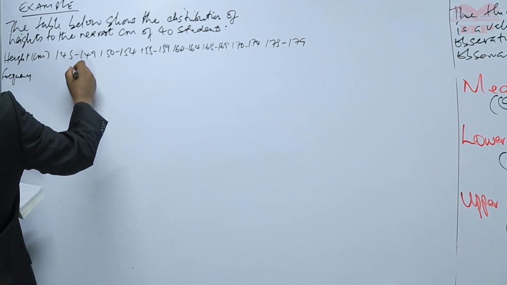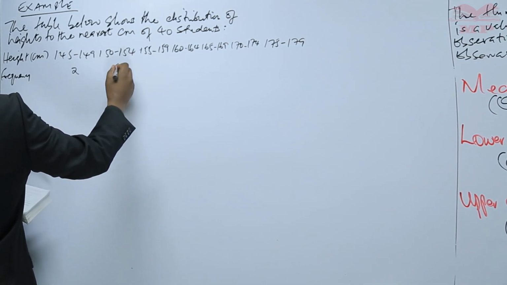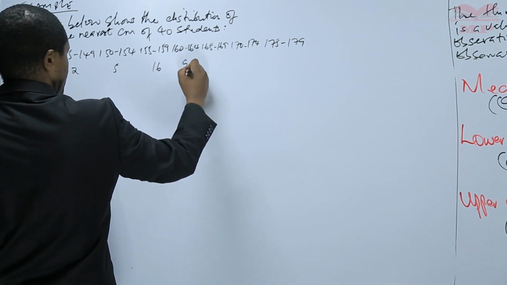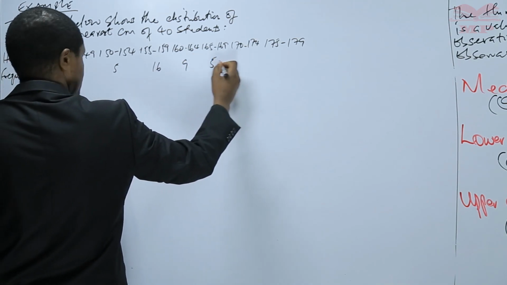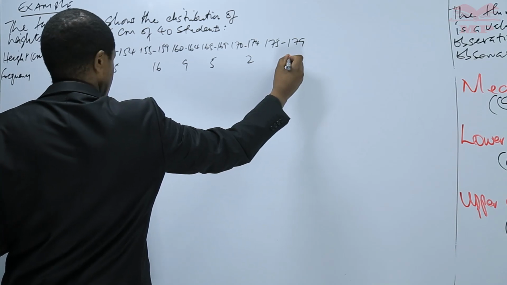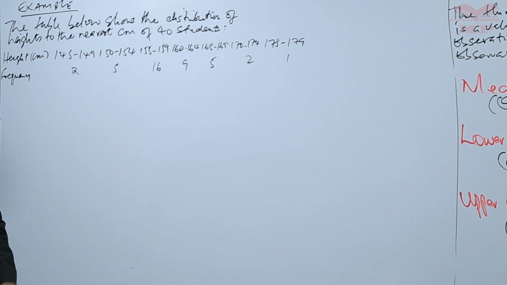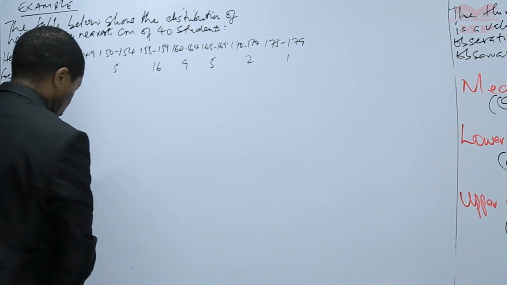Frequency: 5 students, 16 students, 9 students, 5 students, 2 students, and 1 student. So that is the distribution.